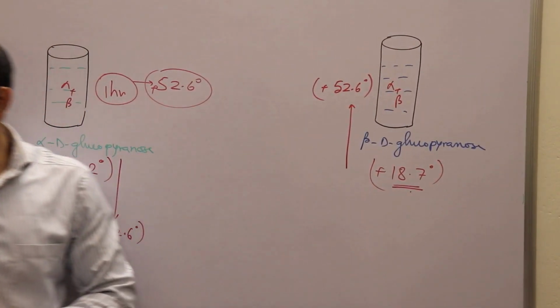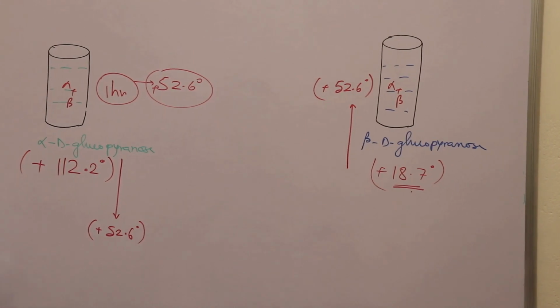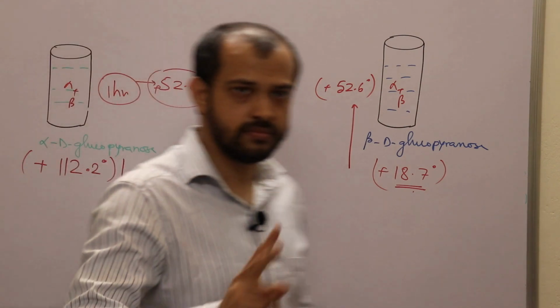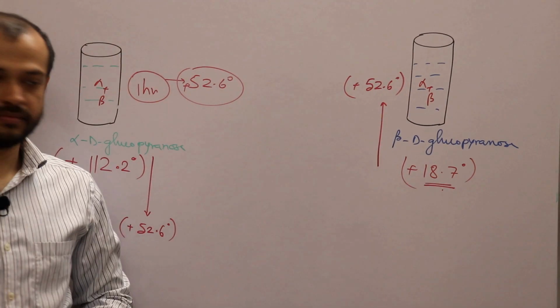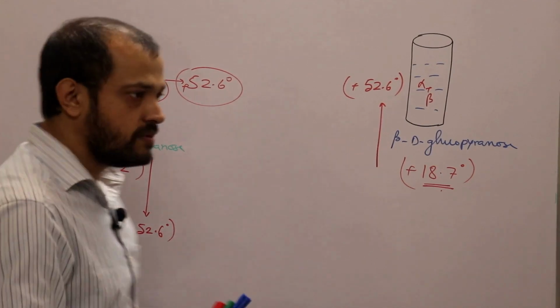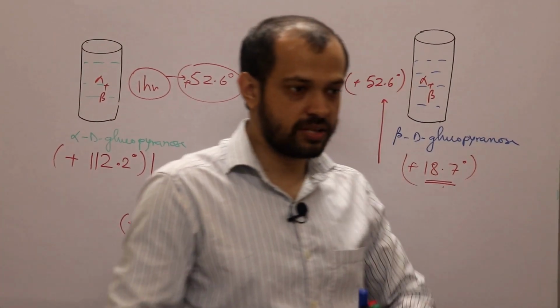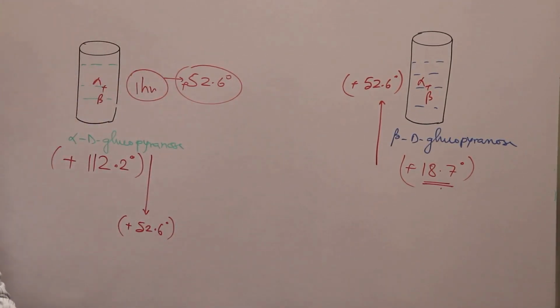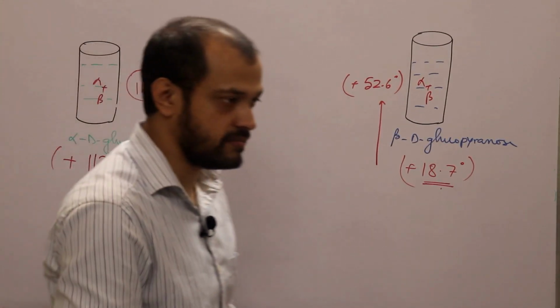Now listen, how to solve this type of problem. It's very important for you to understand that you just calculate two things. So now we will find the actual percentage of alpha and beta glucose if the mixture has attained equilibrium.